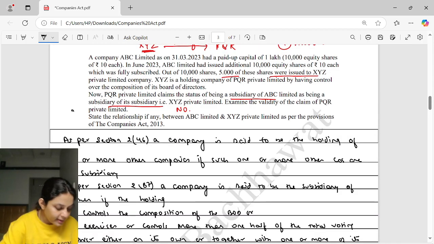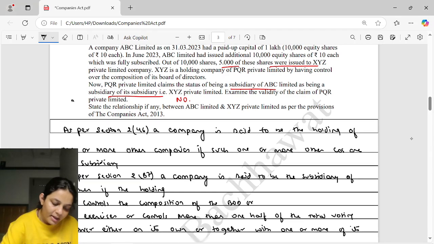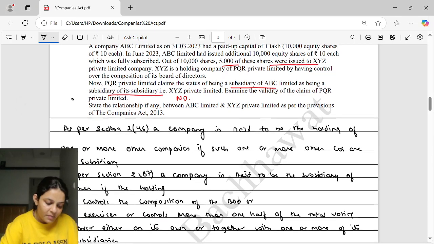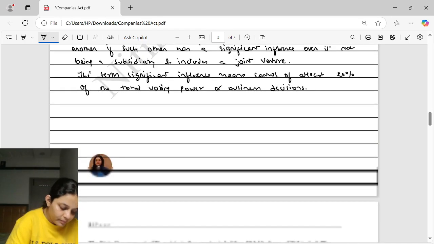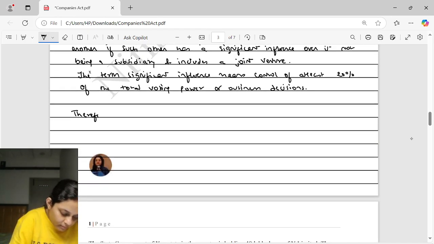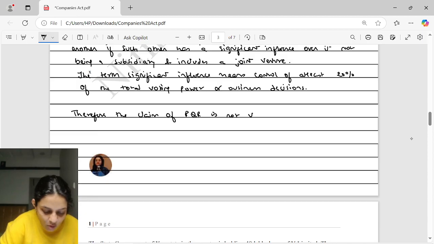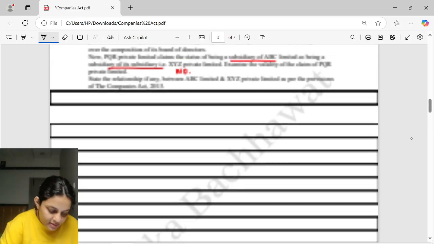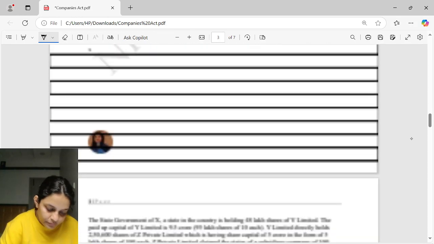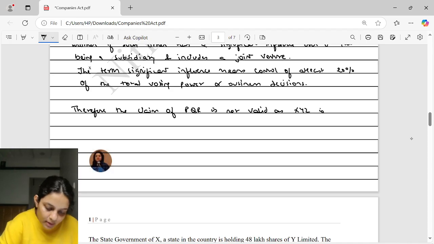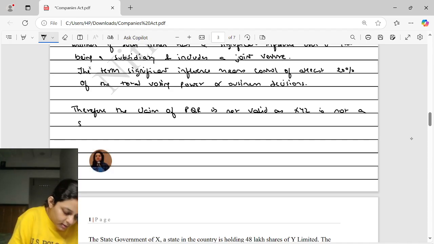So let's look into the conclusion now. So now PQR claims the status of being a subsidiary of ABC. Therefore, the claim of PQR is not valid as XYZ is not a subsidiary of ABC.